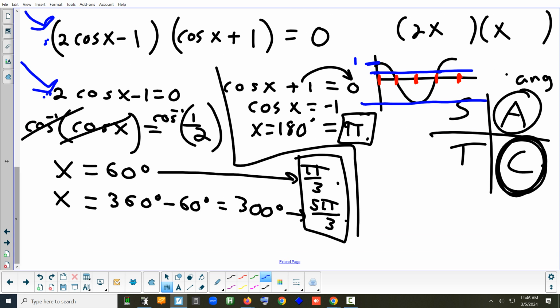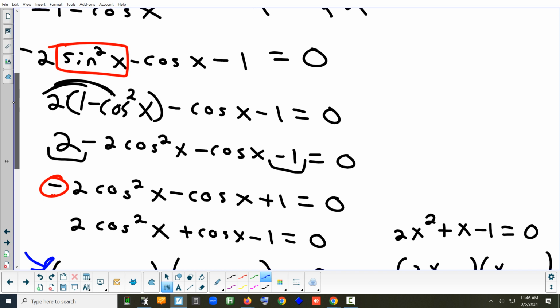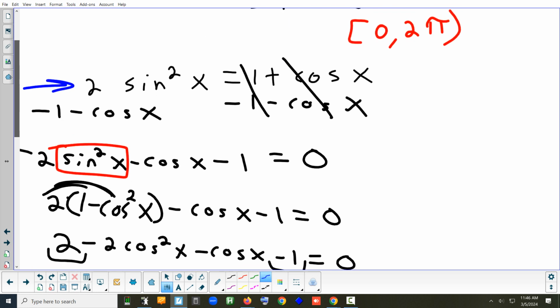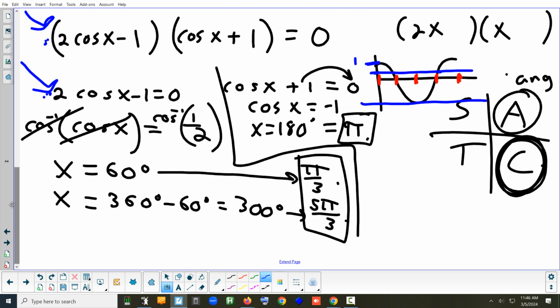I guess the only easier thing would be if they didn't give you two things equal to 0 and they just gave you one thing and you just have to solve it. That was like the last question in the homework on Monday. So we're doing the hardest version. I'm starting you from scratch and showing you every step. But you're not going to have to do every step in every problem.